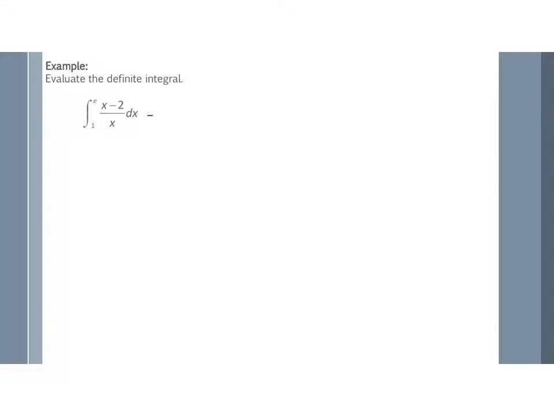Now remembering our tricks from just finding antiderivatives, we know that if our denominator is a monomial, or a single term, then we can split up this numerator over that common denominator. Now I want you to notice that if I take this integrand and combine those two fractions, I obtain the original integrand.